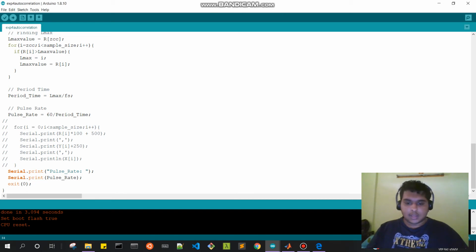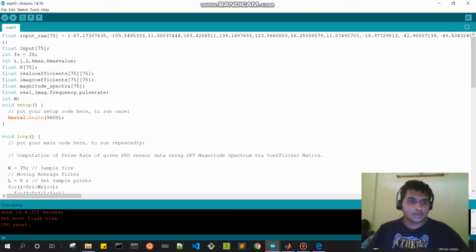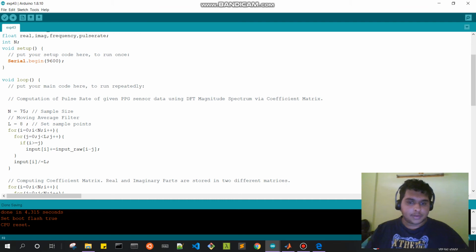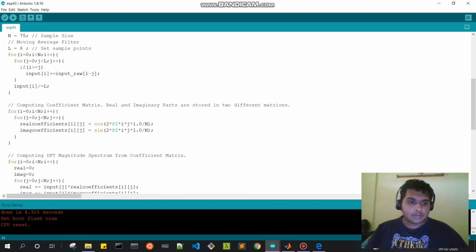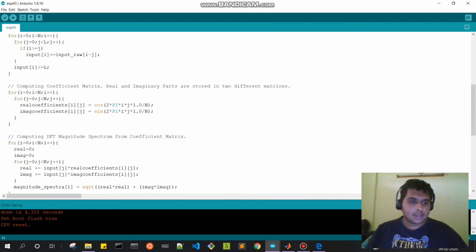So let's move on to another implementation that I have done for the same conditions. But in this case, instead of that one big for loop which we use to directly compute the DFT into spectra, here I'm first computing the coefficients, and I'm making the coefficient matrix over here.